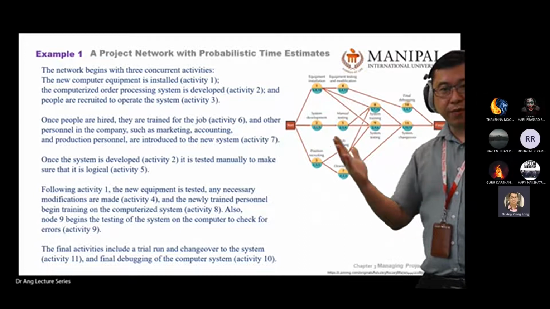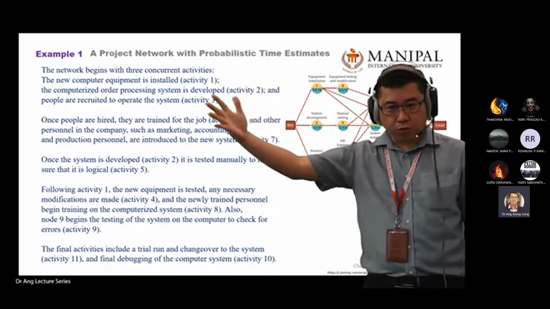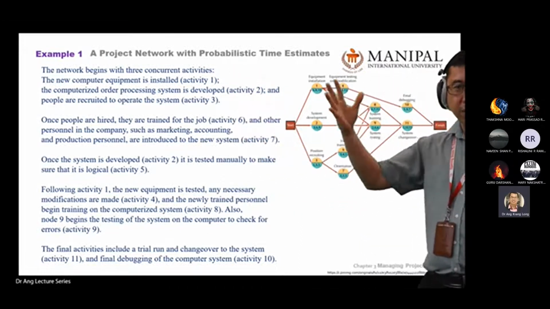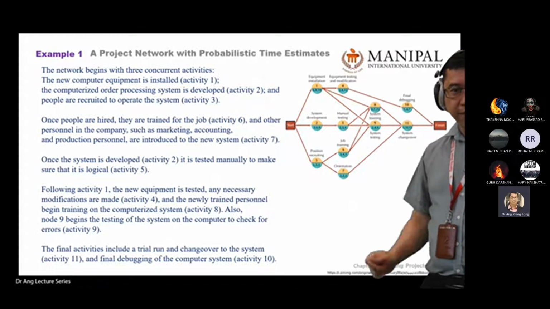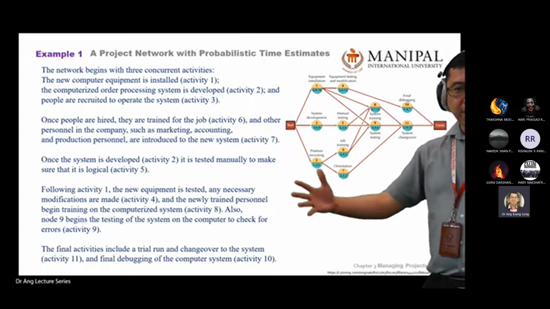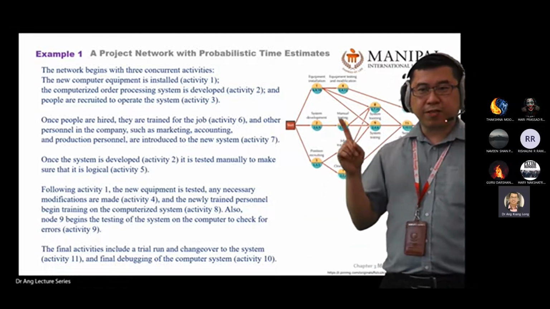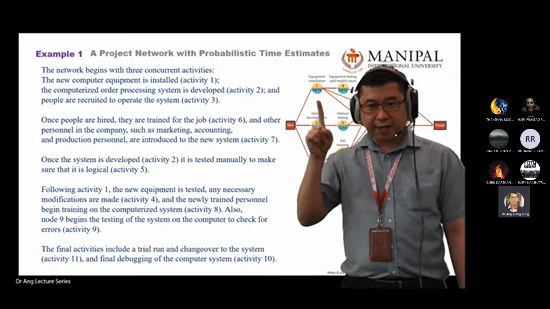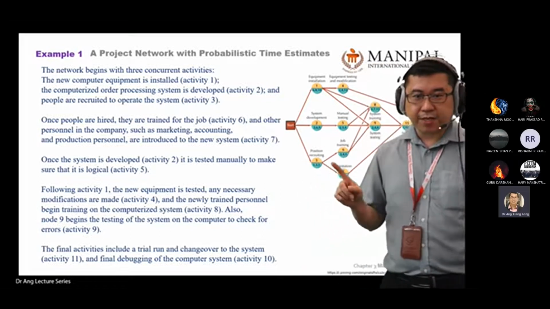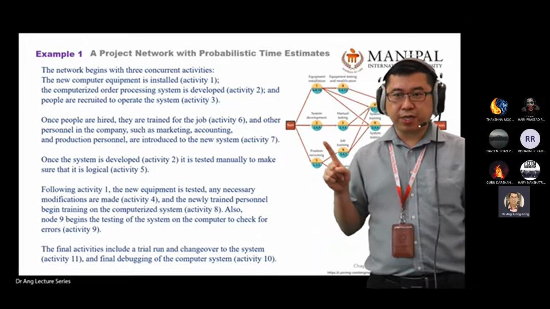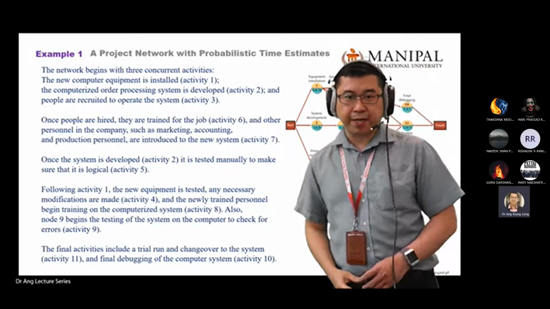You're already familiar with this network. Now the tutorial question here just changed the activities and the sequence of the activities. The concept is still the same. You still see bubbles, you still see arrows, and there's a time there. In this example, the time is a little bit different: you have 3 numbers below the diagram.